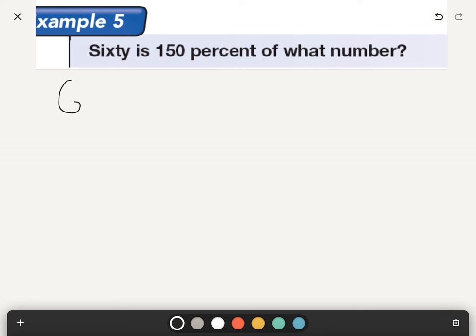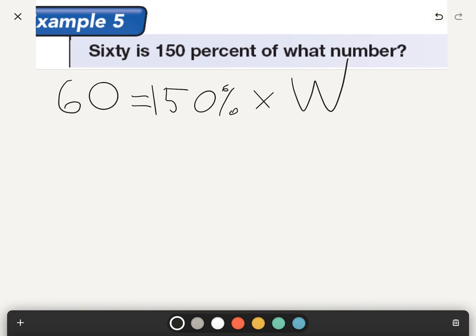So 60 is 150% of what number? But of course, I need to make that into a decimal, so I'm going to divide that by 100 and take away my percent.